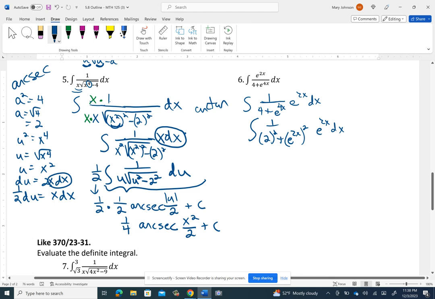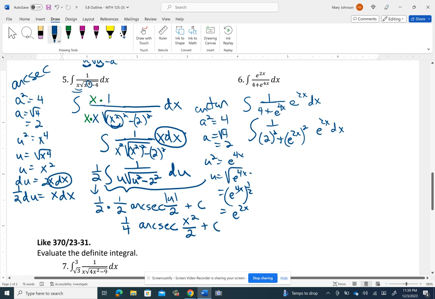I'd like to go ahead and show you that you could have done a squared was 4. So a would be square root of 4 or 2. And u squared is equal to e to the 4x. So u would be the square root of that, which would have been e to the 4x raised to the 1/2 power, or e to the 2x.